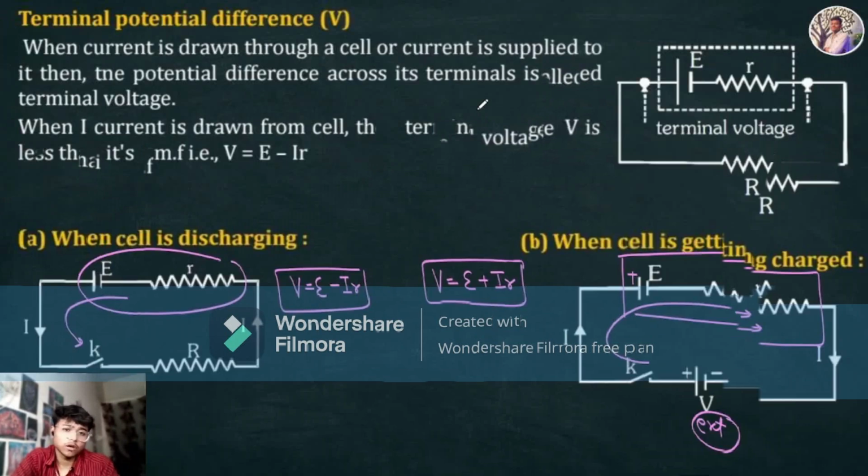This is the combination of cells. In the series combination, we all know the potential, the internal EMF, adds, and the resistances add.